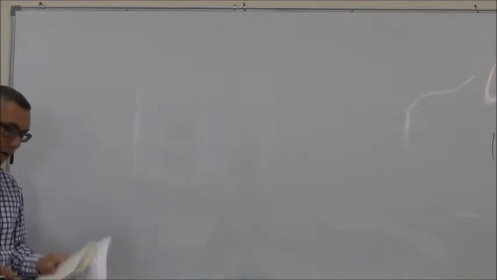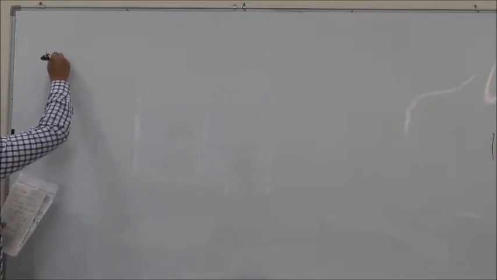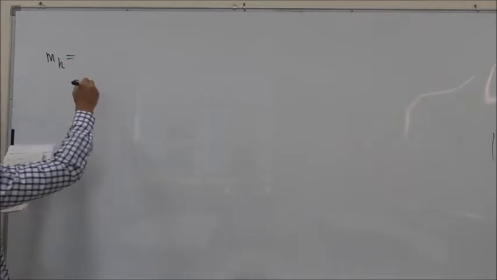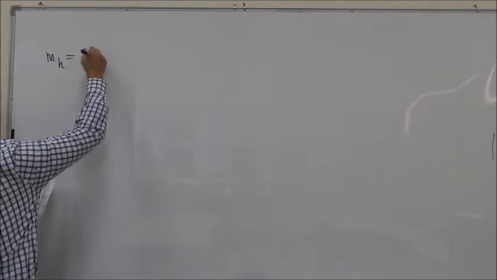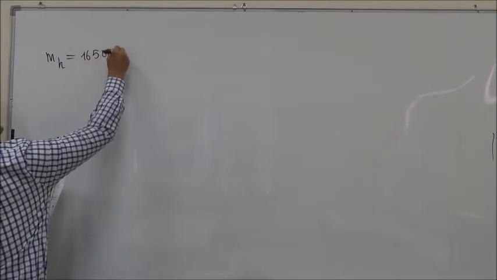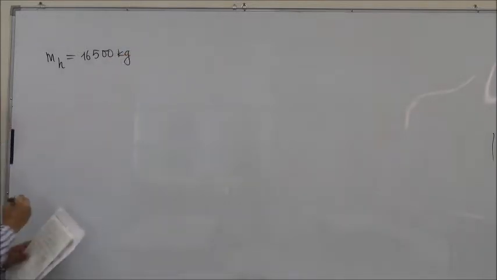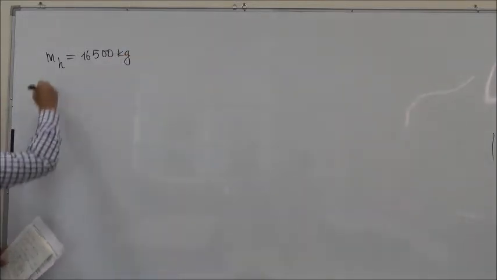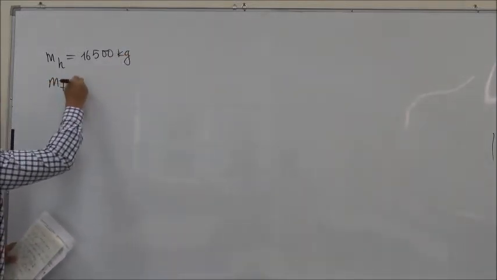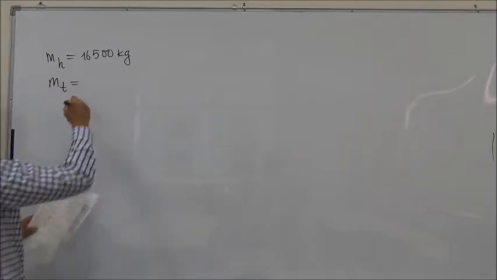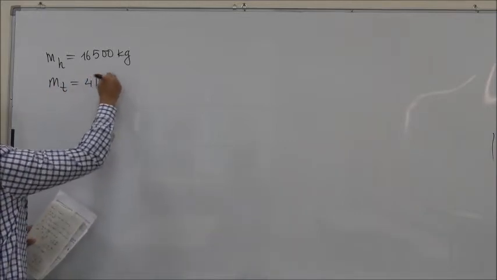In this example, we have a helicopter which is lifting a truck. We are given that the mass of the helicopter, let's label it as mh, is equal to 16,500 kilograms. The mass of the truck, which we'll label as mt, is given to be 4,100 kilograms.